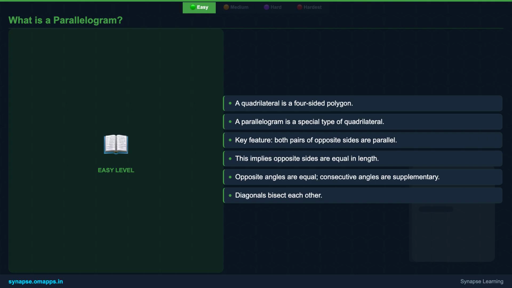This fundamental definition gives rise to several other properties: opposite sides are equal in length, opposite angles are equal, and consecutive angles add up to 180 degrees. Also, a key property is that its diagonals bisect each other, meaning they cut each other into two equal halves. These characteristics make parallelograms unique among quadrilaterals.